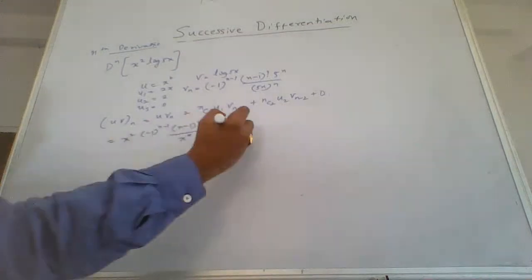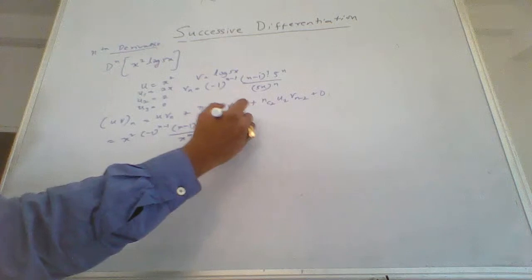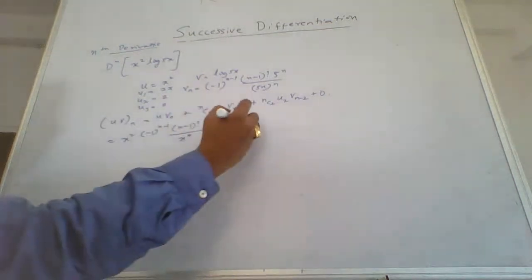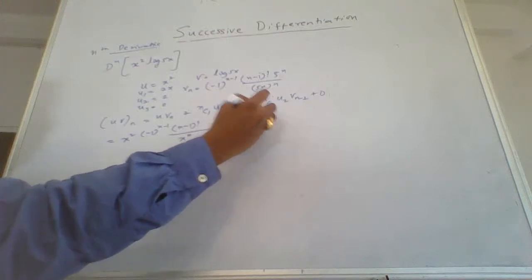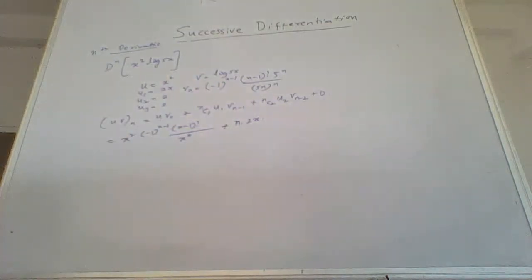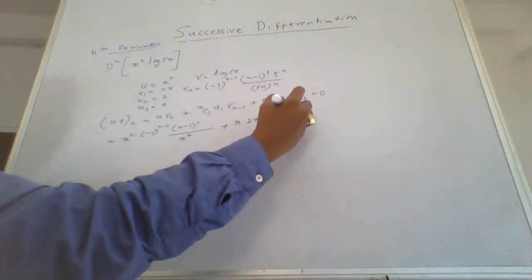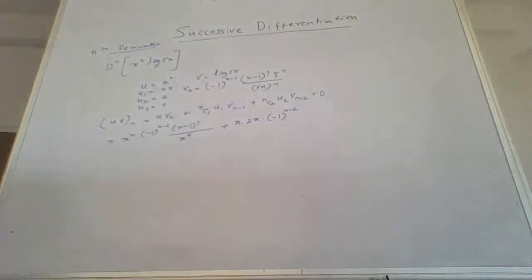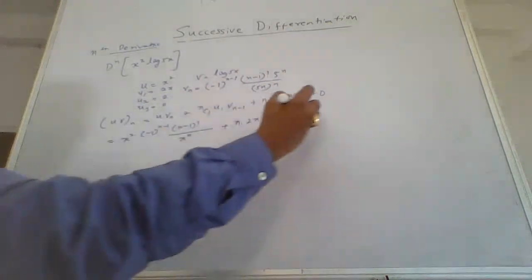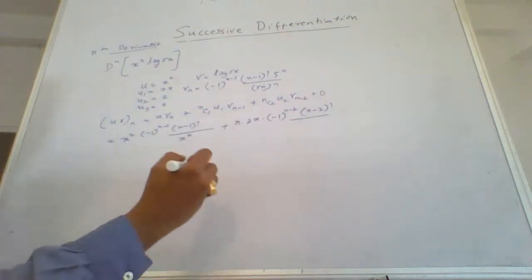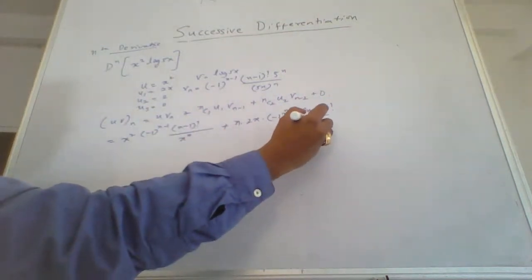And this will be nC1, which is n, and this is 2x, and vn minus 1, if I substitute this, I get minus 1 to the power of n minus 2, n minus 2 factorial divided by x to the power of n minus 1.